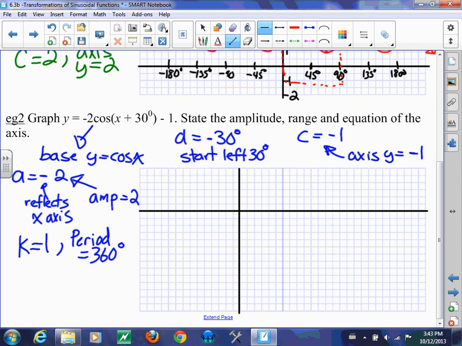If I use the same scale that I used before, I've got -1, -2, -3, and 1. Automatically, I'm going to draw in my axis, which is y equals -1. Let's see if I can use a different color here. So -1 is right there.